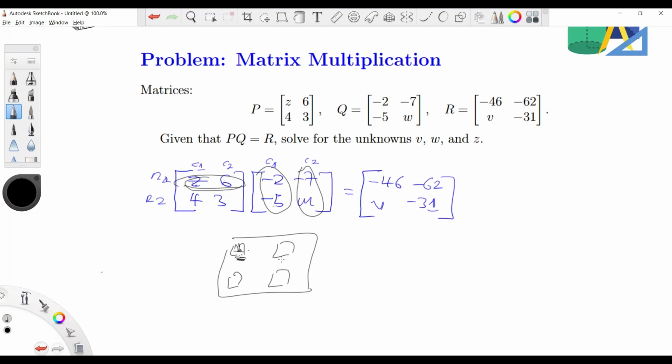And for the second column, the first element would be the sum of the products of Z and minus 7, and 6 and W. So that's what we'll do, and for the other ones, we follow a similar pattern.